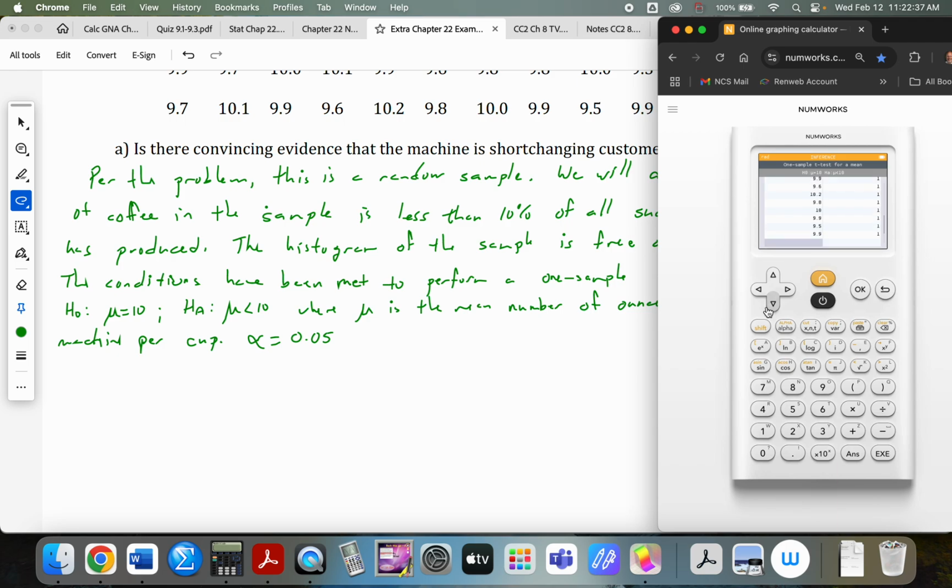I got the exact same. Yeah, I got the same thing. Okay. So our significance level is there. Did you get that our sample average is 9.845? Yes. Okay.